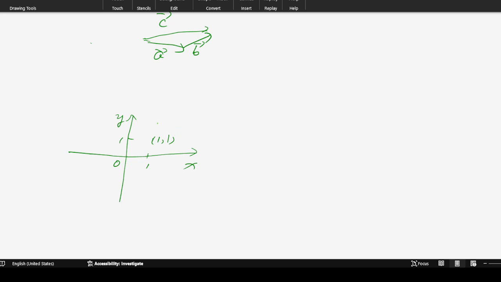Also, we can write it in the form 1 plus i. It's the same. 1 plus i is written as a complex number, and 1 comma 1 is written in position form.